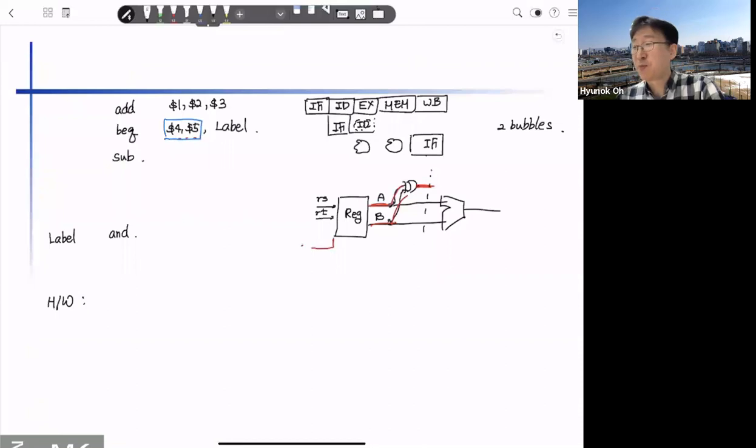So the next instruction can start at the end of instruction decode, because the comparison is completed in the instruction decode stage. Okay, so then the number of bubbles is reduced to 1.